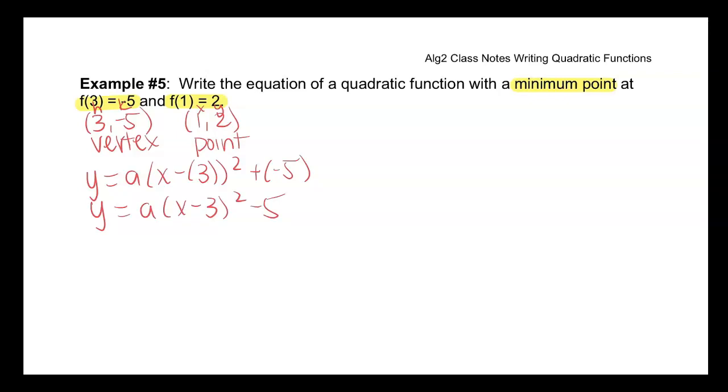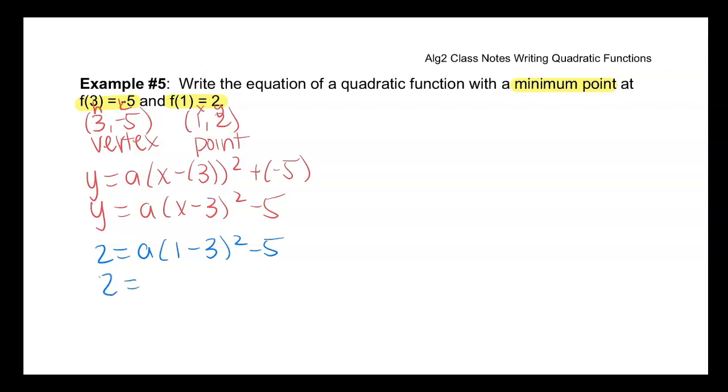Now that we have it in vertex form, all we need to find now is the a value. So we're going to make this y equals a, the y value, which I've already labeled, is +2, a, x, which is +1, minus 3 squared, minus 5. If you're wondering where I'm getting this, it's this coordinate right here. Remember, I labeled it my point.